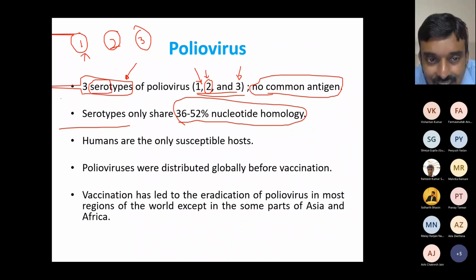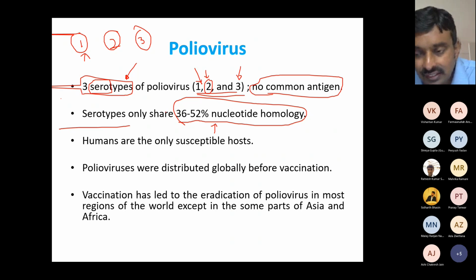Serology means antibodies. So they elicit a different kind of antibody response in the host, of course, owing to the differences in genetics, but then all genetic changes may not lead to different serotypes, but that part we'll discuss in a separate class. Okay, does that answer your question for now at least? Yes, sir.